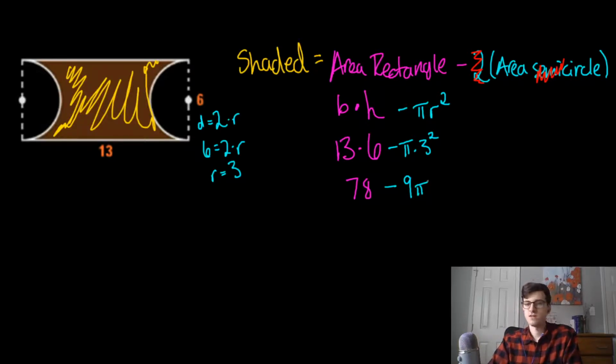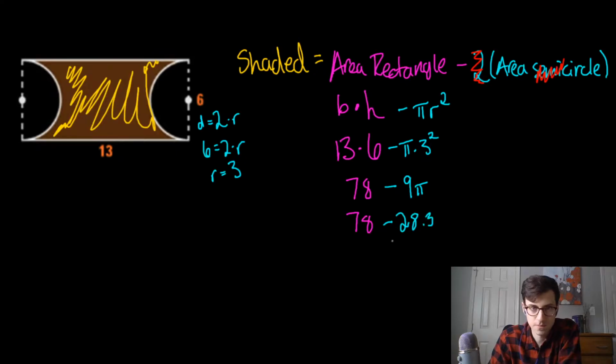So maybe we leave it like this, 78 minus 9 pi. Or maybe we look to get an approximate answer. I'll bring up my calculator real quick. So 9 times pi is about 28.3. So we do 78 minus 28.3.